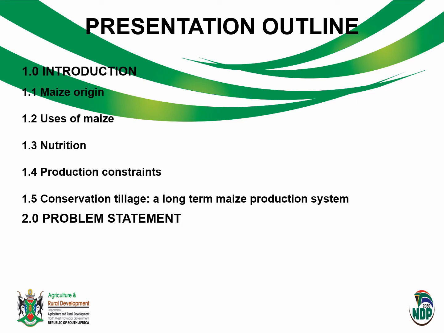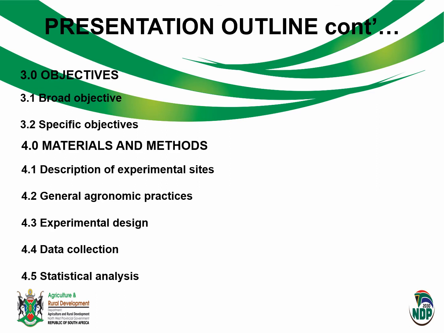The presentation outline will be like this: introduction, maize origin, uses of maize, nutrition, production constraints, conservation tillage, problem statement, objectives, materials and methods, description of experimental sites, general agronomic practices, experimental design, data collection, statistical analysis, and conclusion.